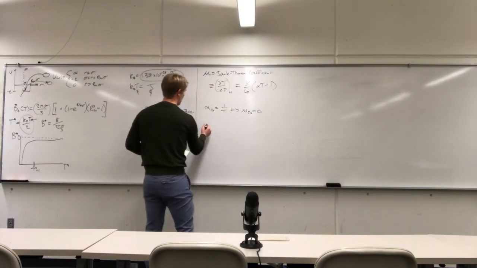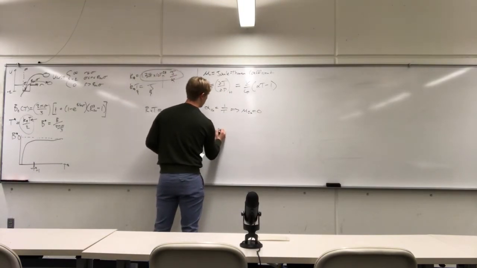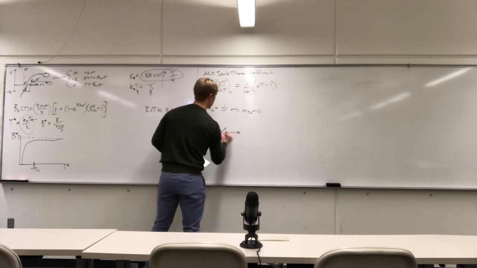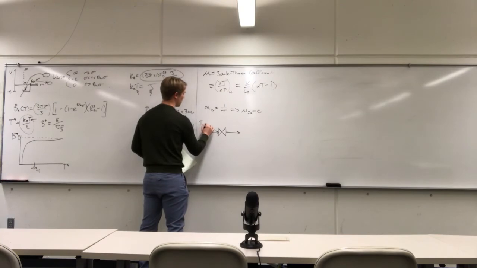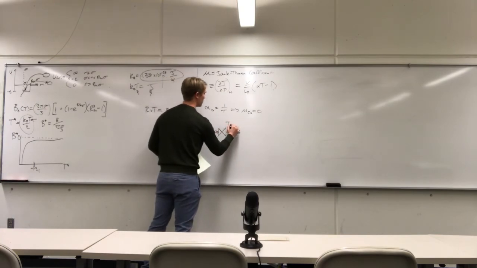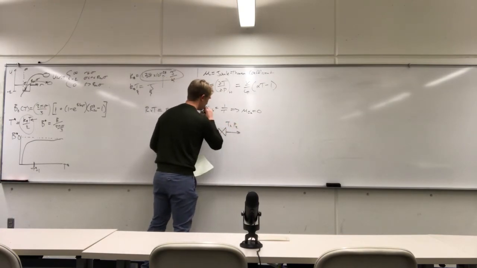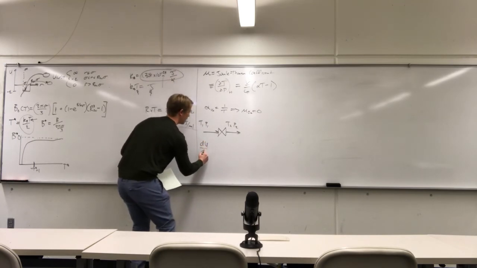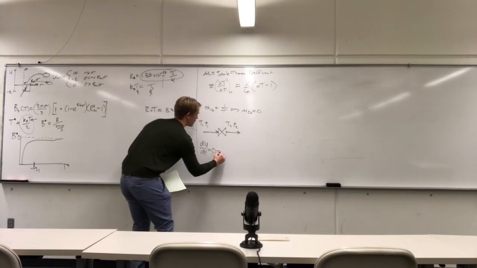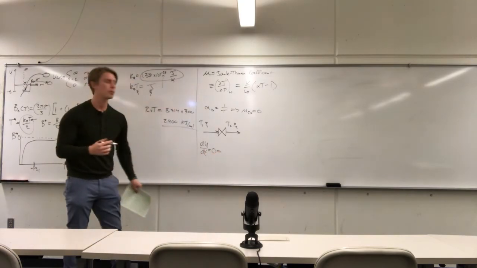So if we were to look at a Joule-Thomson expansion valve, which is a critical component of a refrigeration cycle, we're entering in at some T1, P1, and leaving at some T2, P2. Now if we do the energy balance on the whole process, dU/dt is equal to 0. We're going to treat this as a steady state process.